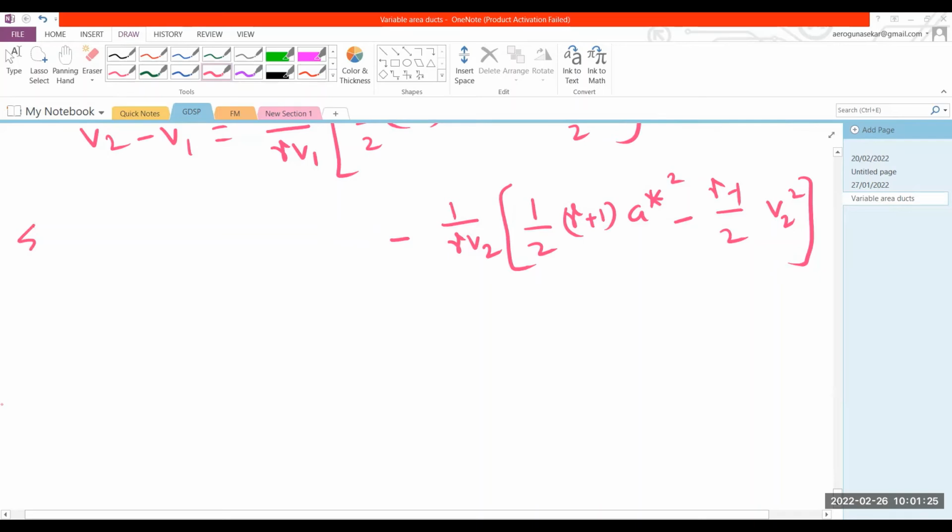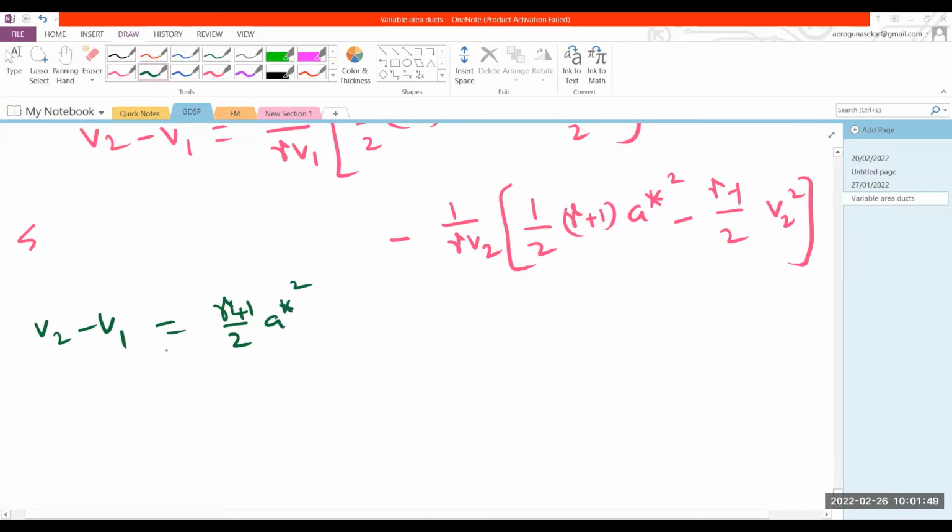The next step can be written as v2 minus v1 equal to, and now I am opening the bracket, 1 by 2 into gamma plus 1 into a star square.